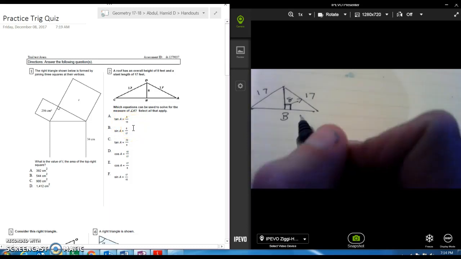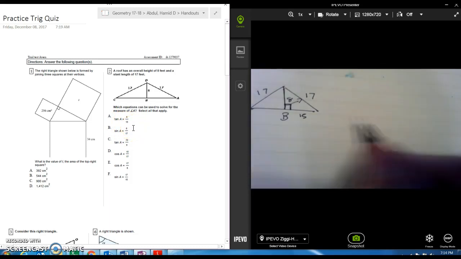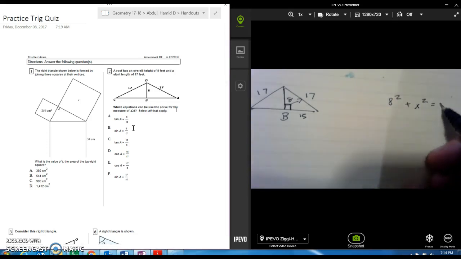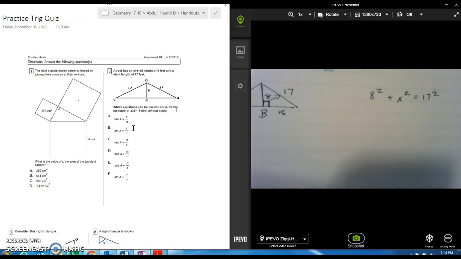So let's go ahead and say it's 15. You would do the Pythagorean theorem to find out if that was true, if you wanted to. But I'm going to go ahead and tell you they gave you the right answer. And if you see other numbers, you are going to want to do that to see which one's correct. But you're probably not going to see another answer because they're just trying to see if you can set it up.